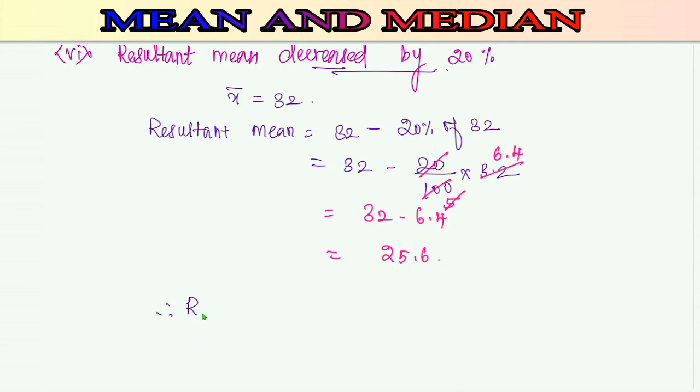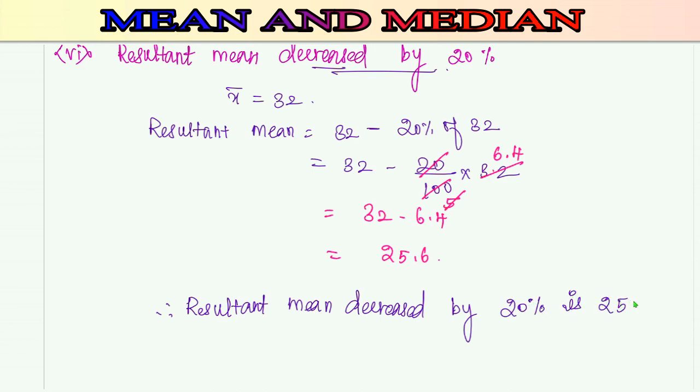Therefore, the resultant mean decreased by 20% is 25.6. So this is the final answer.